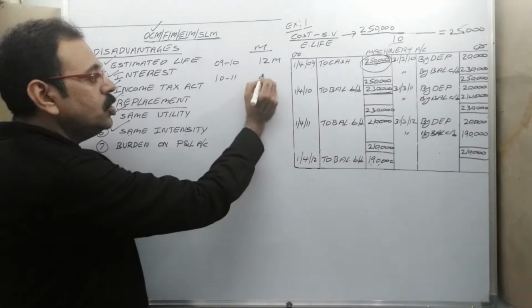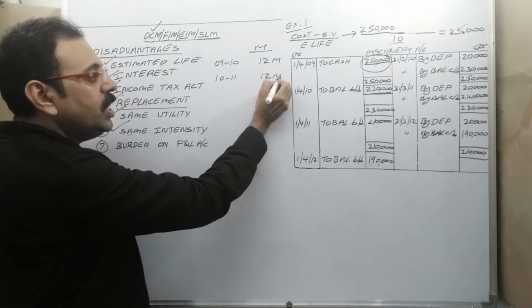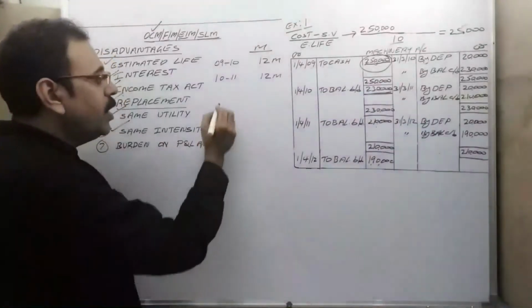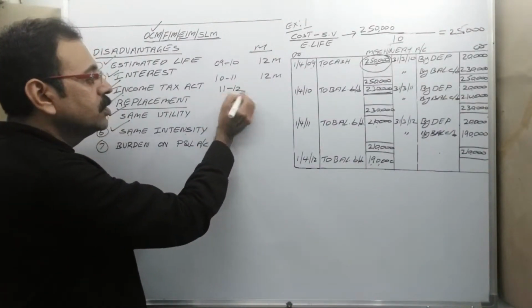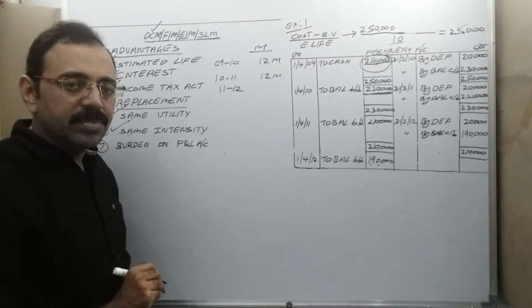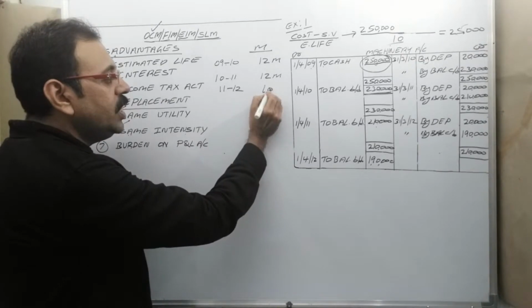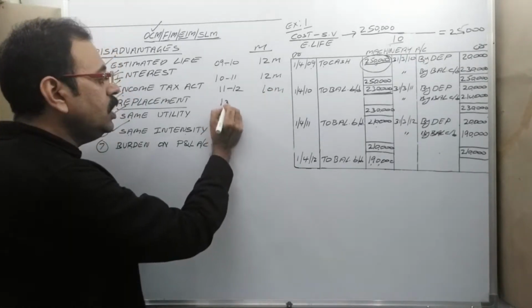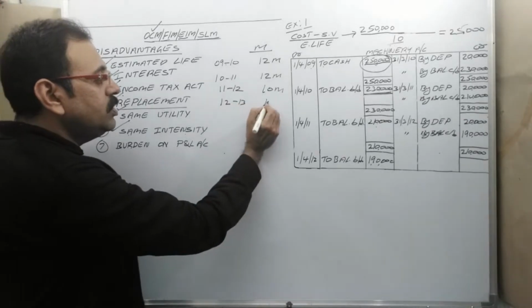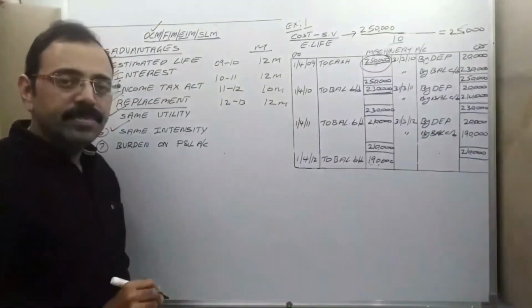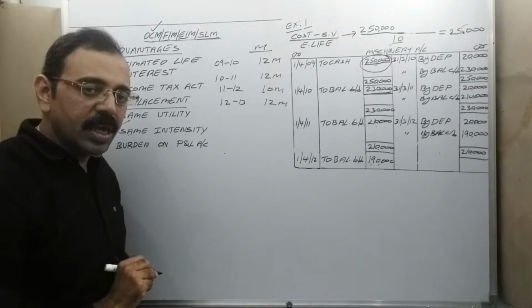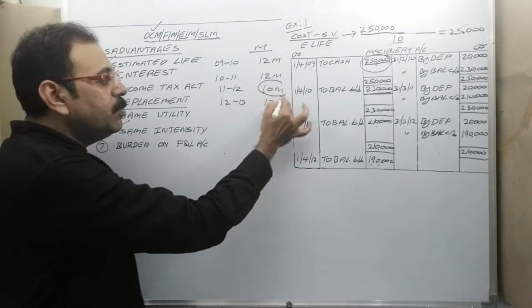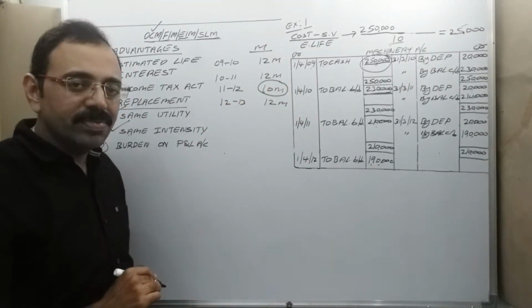In second year also, we used it for 12 months. But in third year, due to some reason, we used it only for 10 months. In fourth year, we used it for full year. So practically speaking, in third year depreciation amount should be less, no?